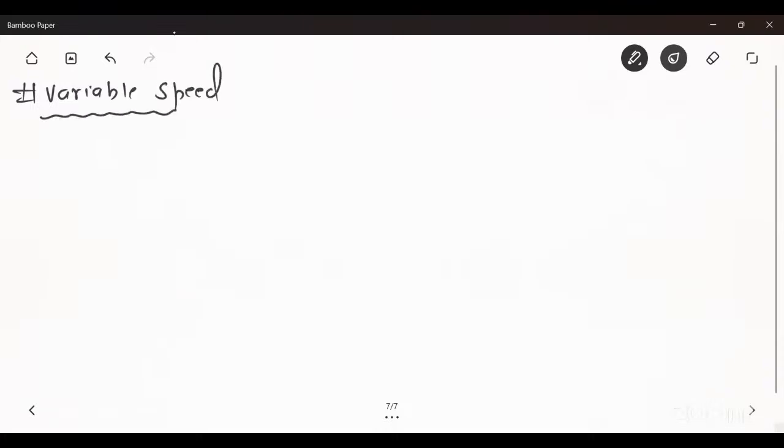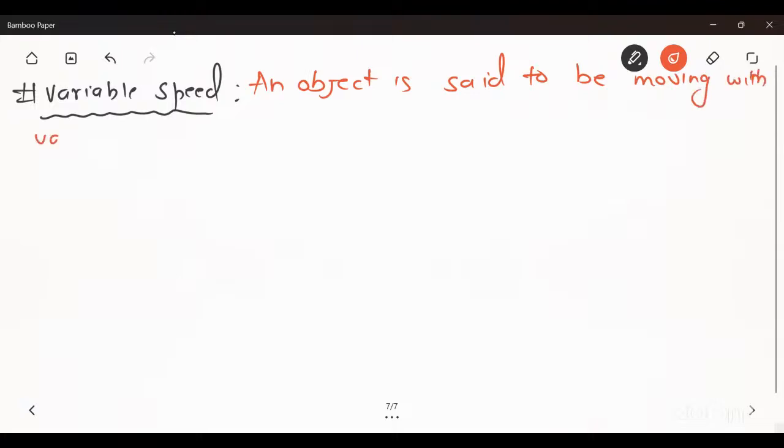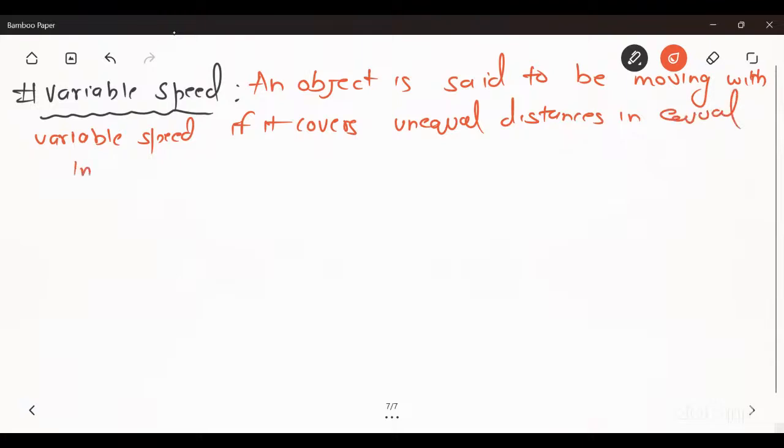An object is said to be moving with variable speed if it covers unequal distances in equal intervals of time.